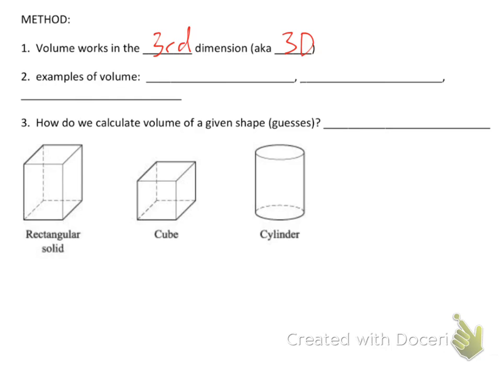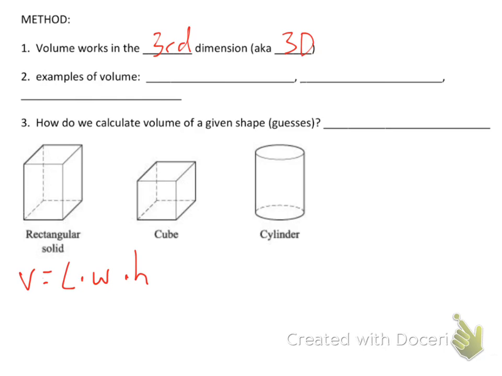Rectangular solid, cube. Both of those. What would be an example of how to find the volume of that? How do you find the volume of a rectangular solid? Length, no, not 1/3 anything. Length times width times height. That would be for both a rectangular solid and a cube, because a cube is a rectangular solid.